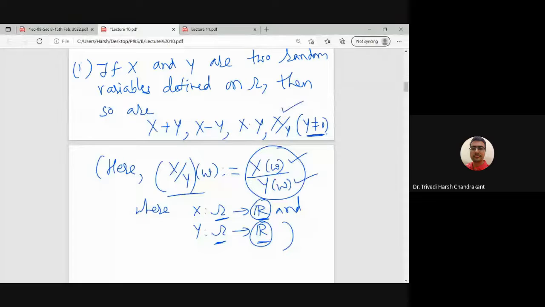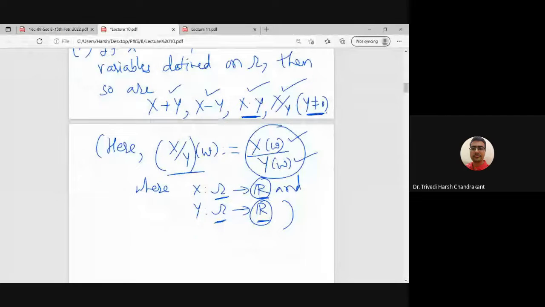Similarly, you can check these three are also random variables, where here we are not taking composition, it is a point-wise multiplication of two functions. So f into g at x is f of x into g of x. That is multiplication of functions.